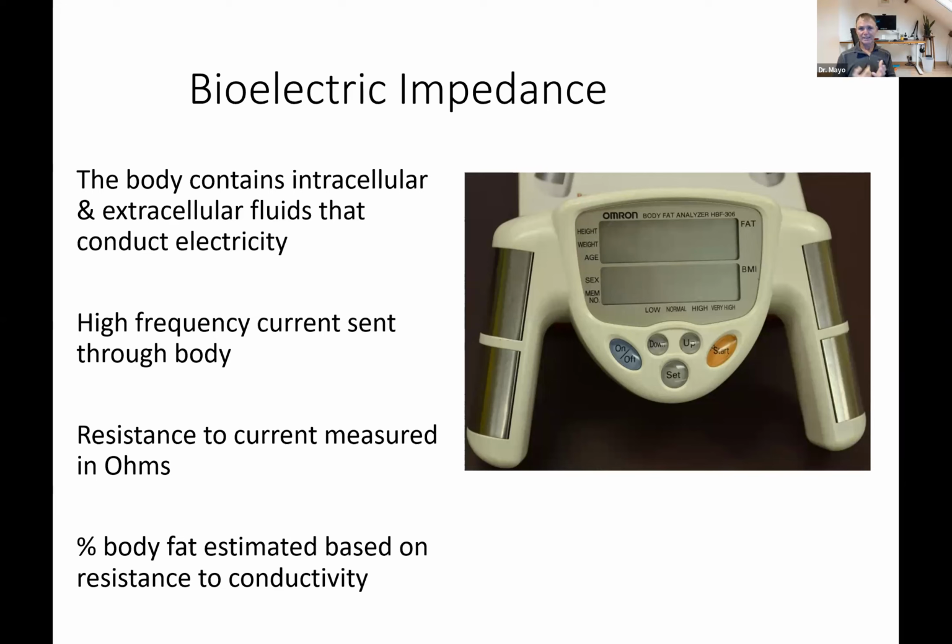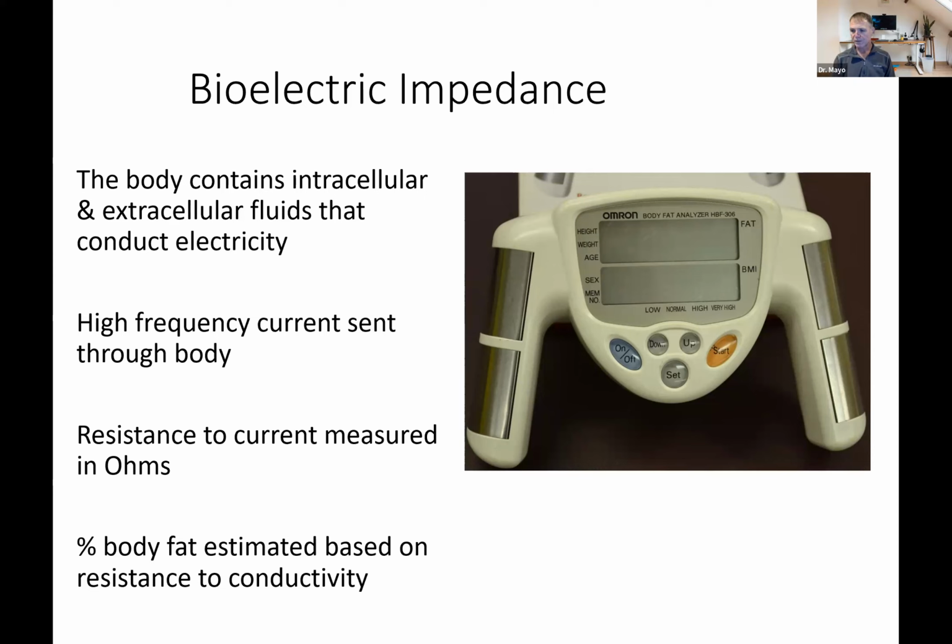Now, one of the things I haven't said is, as you're going through these different tests, like this one in particular, what do you think would be a source of error for this test? If you were having somebody do this test, what question would you want to know from them?